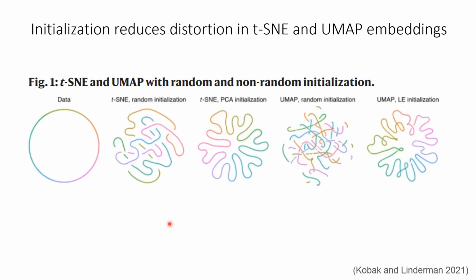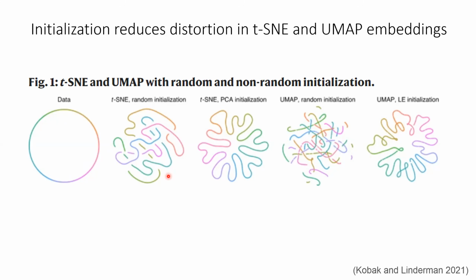So it tries to preserve similar neighbor cells, or in this case, circle data. The initial configuration is decided by this initialization function. If you have a random initialization, t-SNE does not do so great.